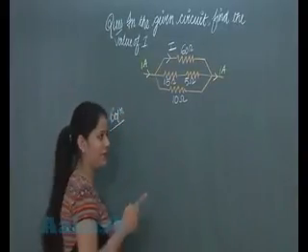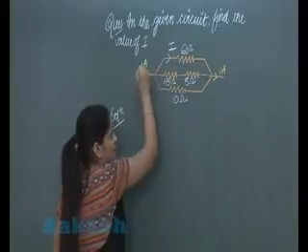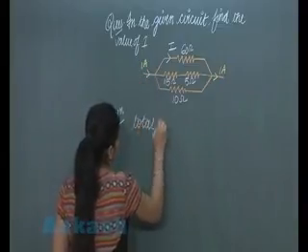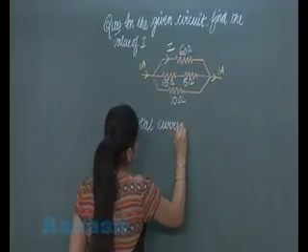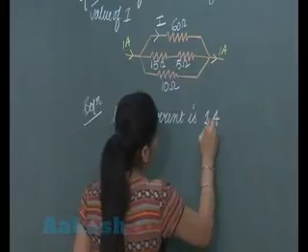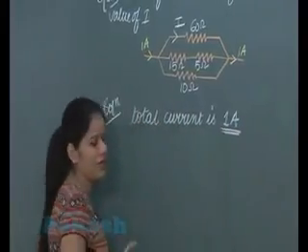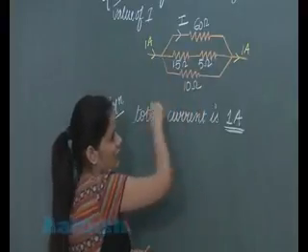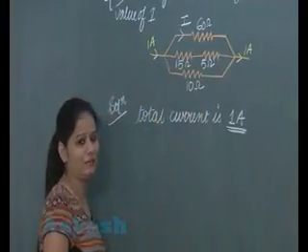Student, see here, in this question, total current is given to you. Total current is 1 ampere. Student, we can find out the equivalent resistance of the given circuit.